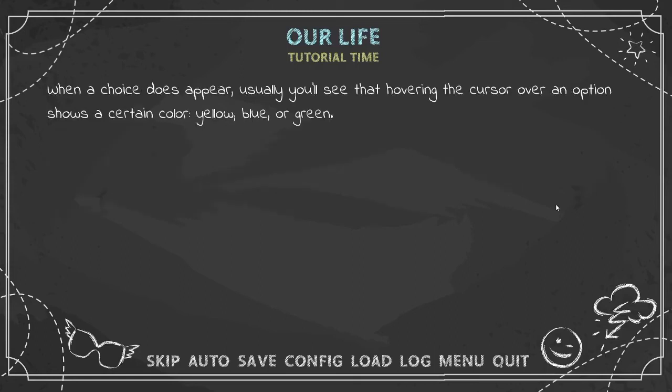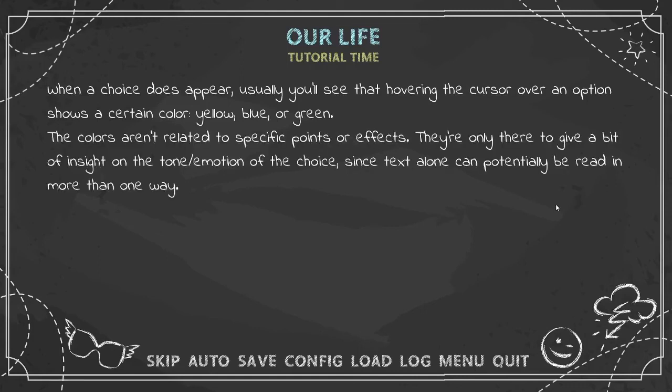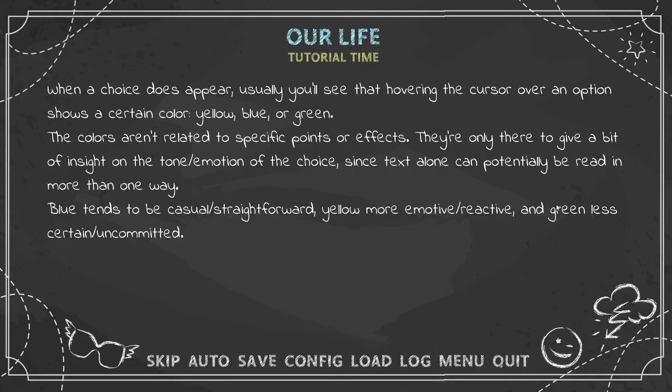When a choice does appear, usually you'll see that hovering the cursor over an option shows a certain color: yellow, blue, or green. The colors aren't related to specific points or effects. They're only there to give a bit of insight on the tone, emotion of the choice, since text alone can potentially be read in more than one way.